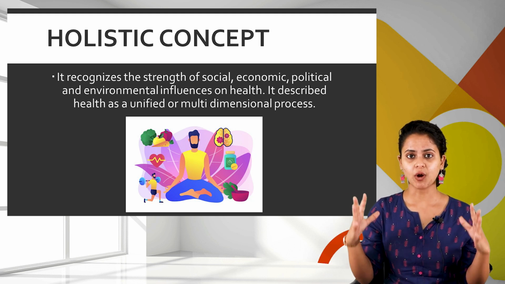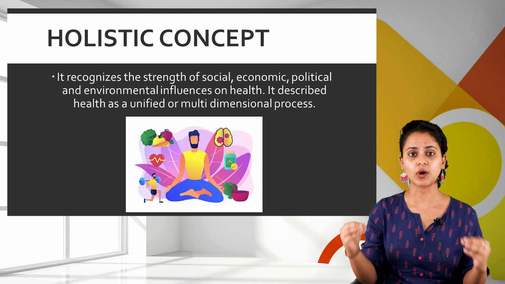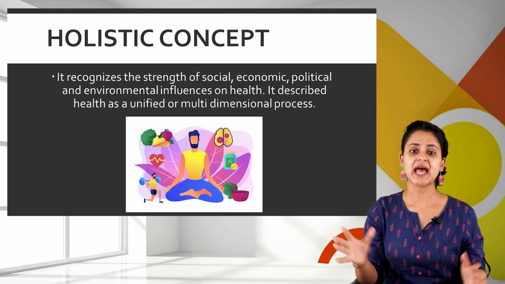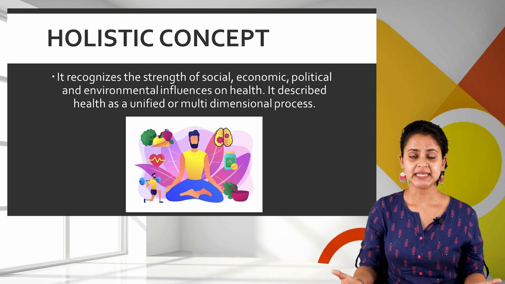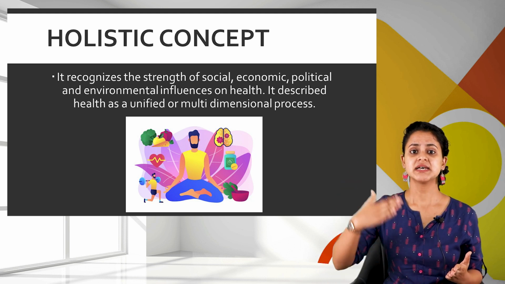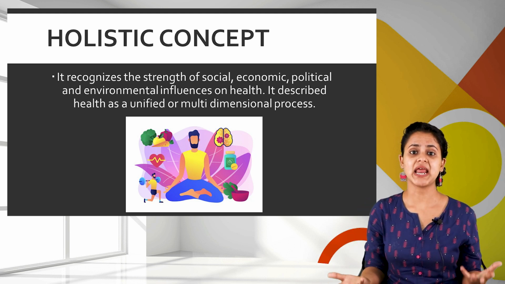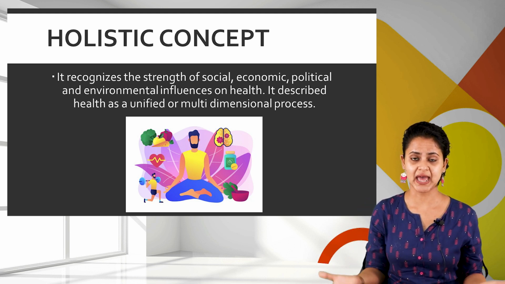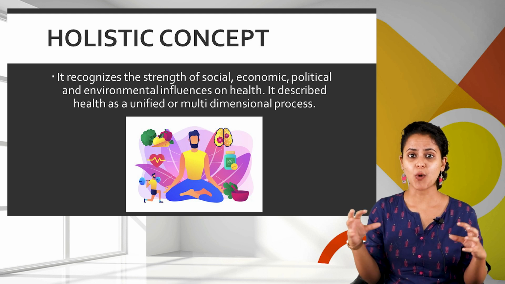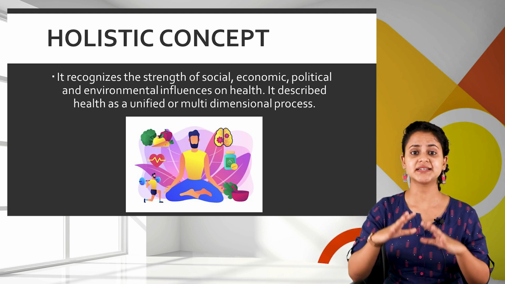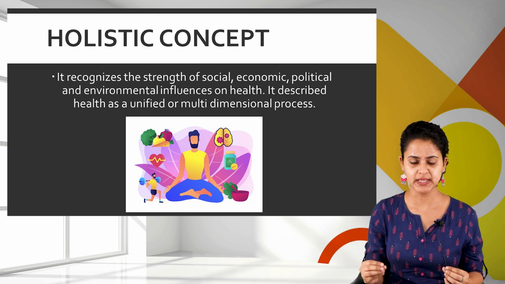That's how the holistic concept is basically considering an individual as a whole person. They are considering the physical part, psychological part, psychosocial part, as well as economical, political, and environmental factors while talking about health. So I hope till here you are completely clear about the concept of health.